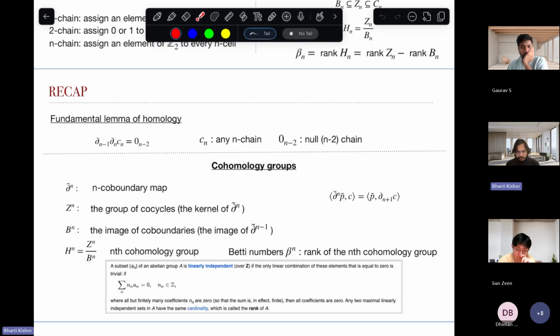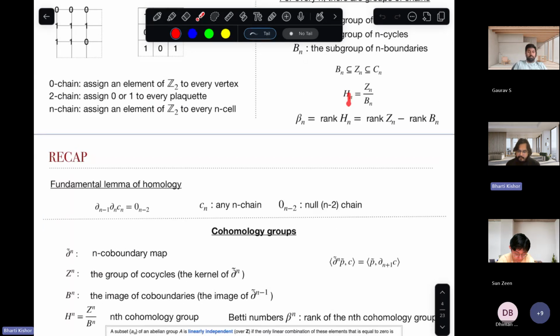And then we talked about the analogous notions in the cohomology case: the nth co-boundary map, the group of co-chains, the group of co-cycles, and then the group of co-boundaries. And then you had the nth cohomology group, similar to the nth homology group.